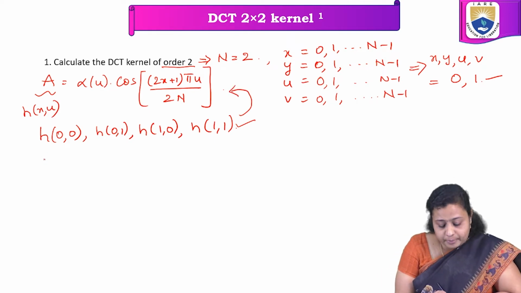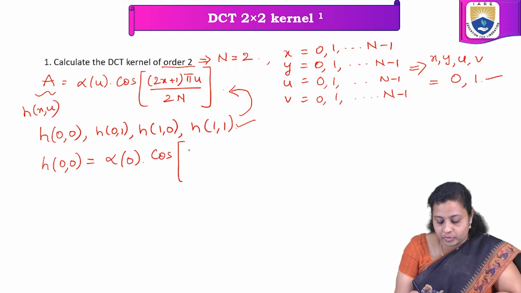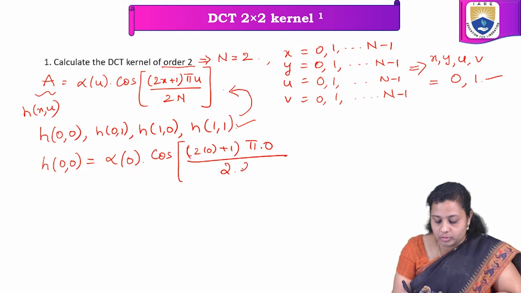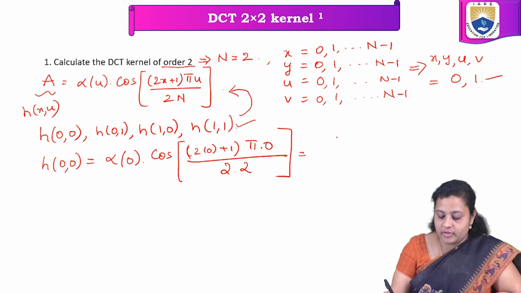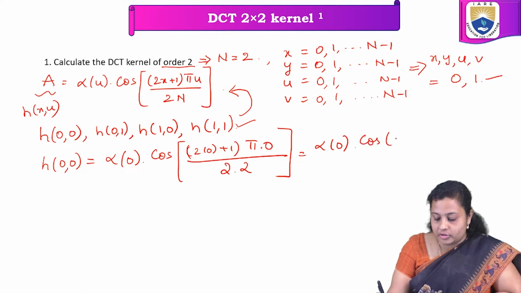So let's do that. h of 0 comma 0 is equal to alpha of 0 into cos of 2x plus, sorry, x here is 0, so 2x plus 1 into pi into 0 by 2 into 2. So we get the value as alpha of 0 into cos of 0.